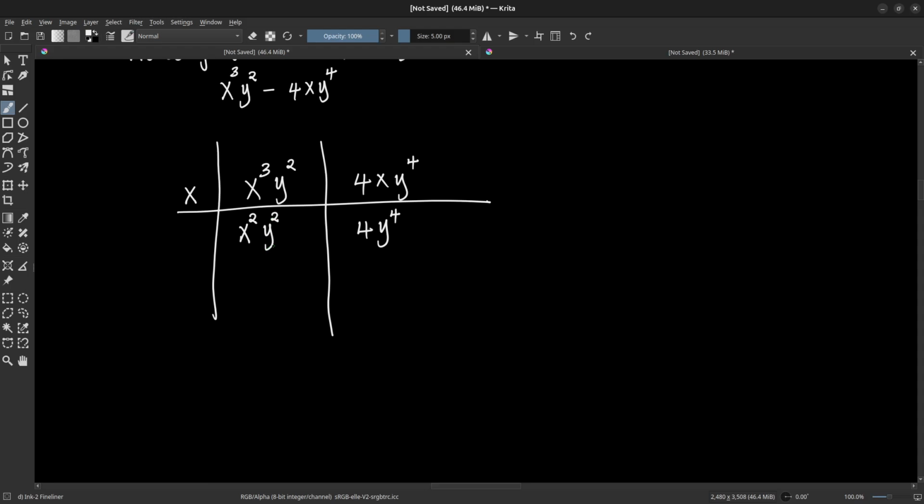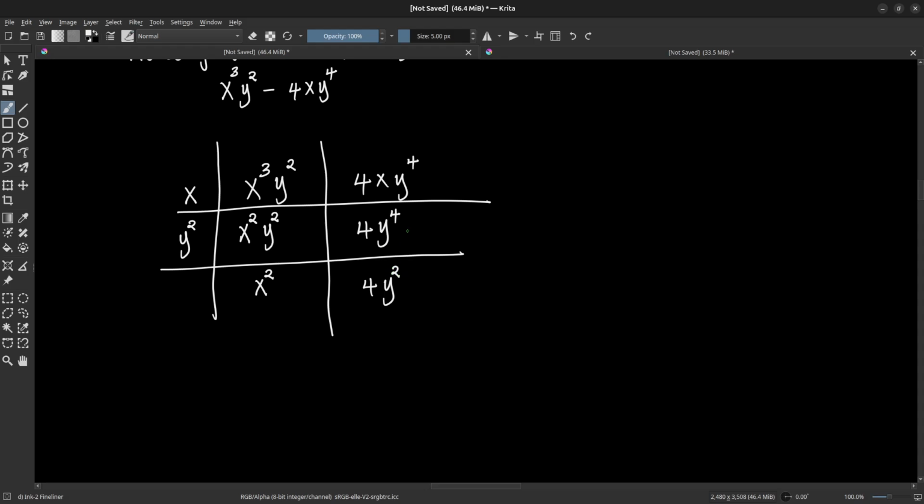Between y squared and y to the power 4, the common factor is obviously y squared. So x squared y squared divided by y squared is going to be x squared, because the y squared is going to cancel out, and then 4y to the power 4 divided by y squared is going to be 4y squared, right?